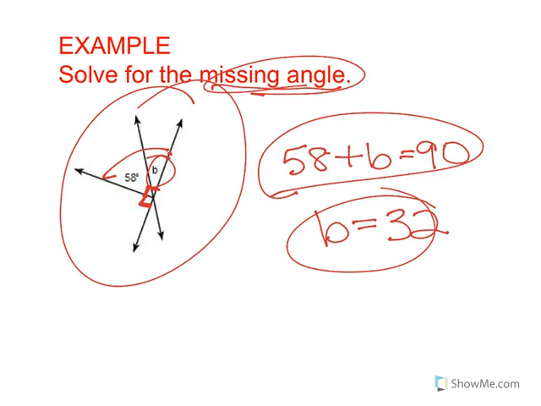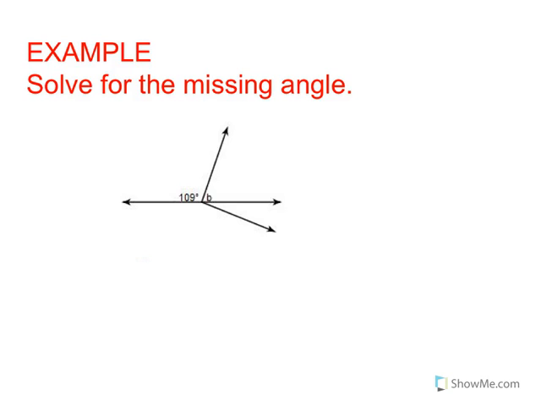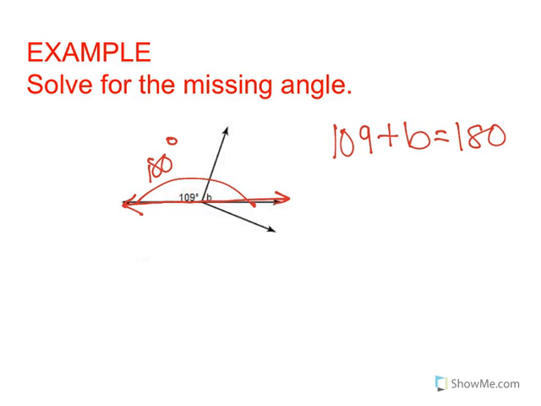Okay. These are complementary because they add up to be 90. Now, here we have a straight angle, a straight line, which means that together this whole thing is 180, or supplementary. So we can say that 109 plus B equals 180, and do that math.